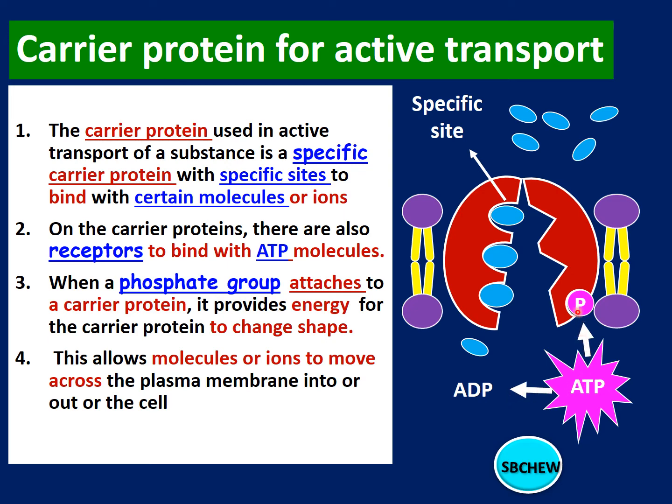The phosphate group will attach itself to the receptor on the carrier protein, and the energy that was released from the breakdown of ATP will be given to the carrier protein, and it will change shape so that instead of facing downwards, it will open up to the outside, to the extracellular fluid, and release the sodium ions to the extracellular fluid. So in this way, the molecules or ions will move across the plasma membrane, in this case out of the cell.